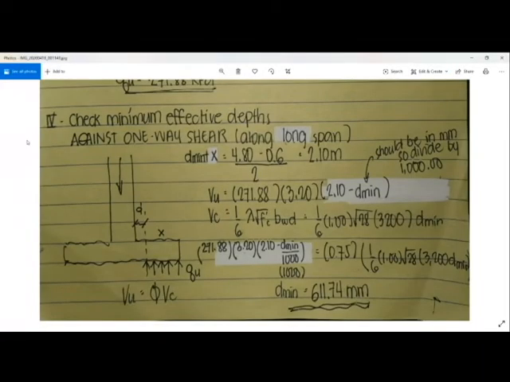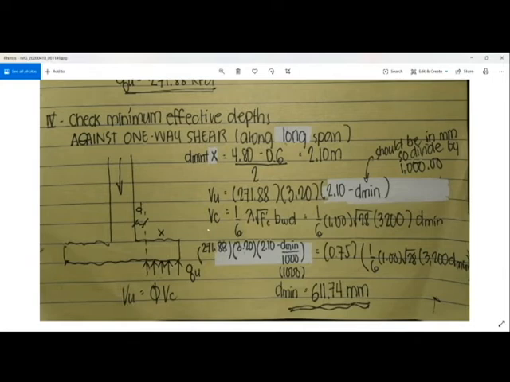For sample problem number 2, let's consider this figure in our notes. On sample problem number 2, there are two different dimensions because it is a rectangular footing. So we will analyze it individually along the longer span and along the shorter span.